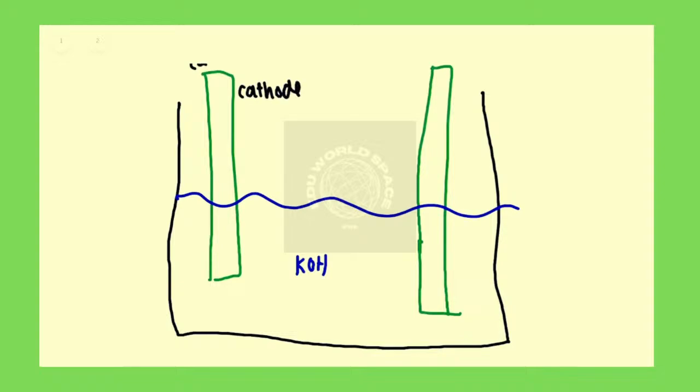As we have previously discussed, our cathode is labeled as negative and our anode as positive. Based on the electrolysis of potassium hydroxide, it's going to break into K plus and OH minus. And due to the fact that opposites attract, K plus is going to flow towards the cathode and the ion flow for hydroxide will be towards the anode. And now we have completed part A.